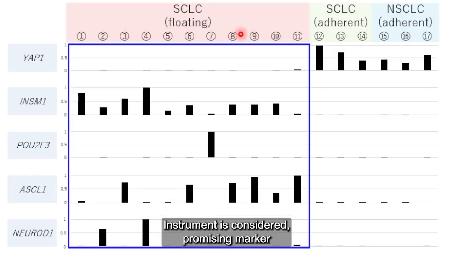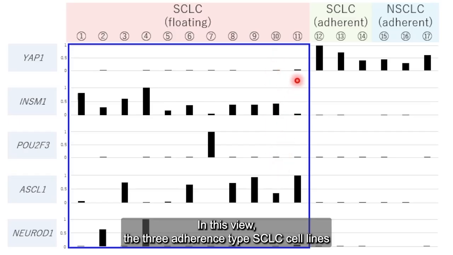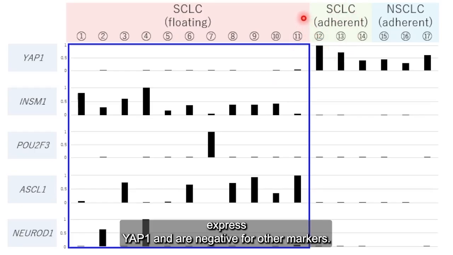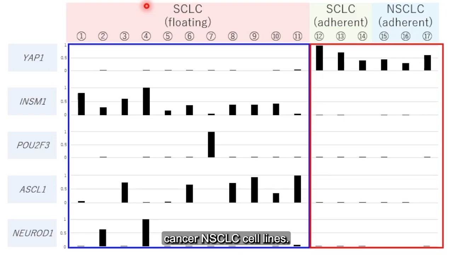INSM1 is considered a promising marker of neuroendocrine differentiation with high specificity. In this view, the 3 adherent type SCLC cell lines express YAP1 and are negative for other markers. This expression pattern is similar to non-small cell lung cancer cell lines.